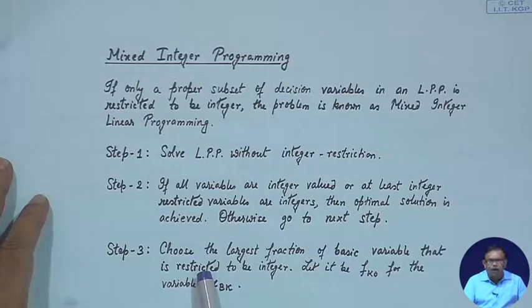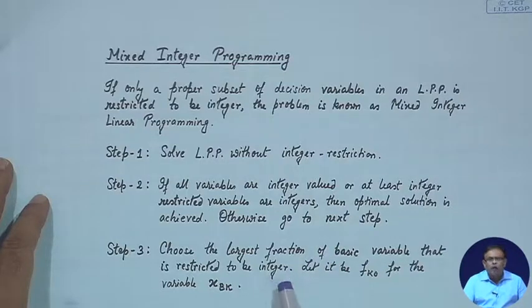In step 3, this is just like the Gomory cutting plane method we did first for the IPP problem. Here you choose the largest fraction of the basic variable that is restricted to be integer. Let it be f k 0 for the variable x b k.